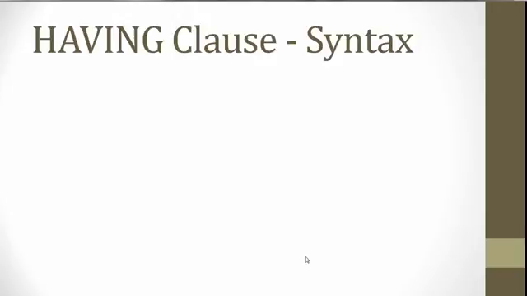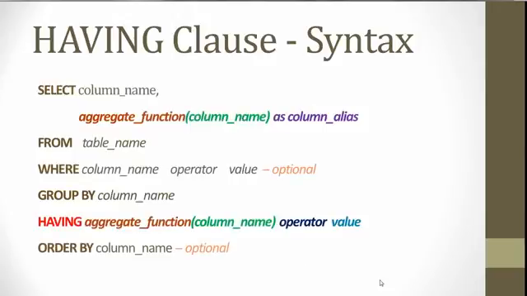Okay. Now let's look at the syntax for the having clause. So you have a select column name, the aggregate function on another column, from and the where clause, which is optional again, group by, and there we have having after the group by clause, and then you have the aggregate function on a column, operator and value.